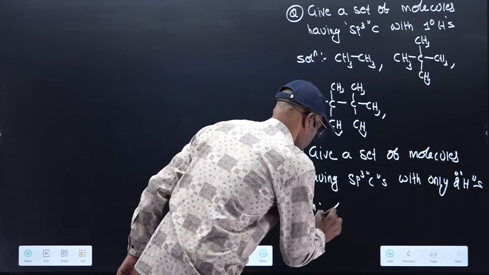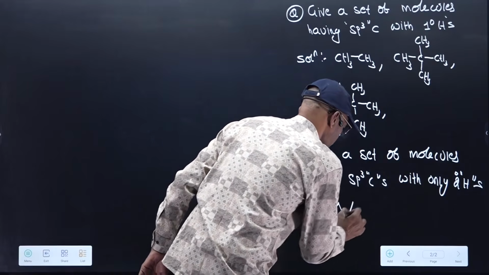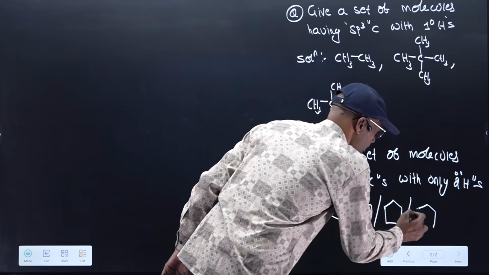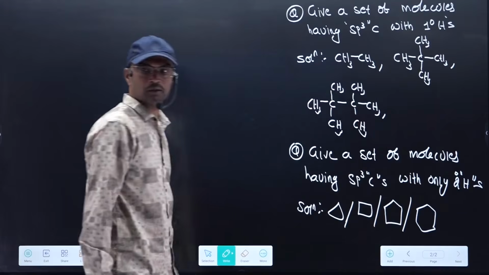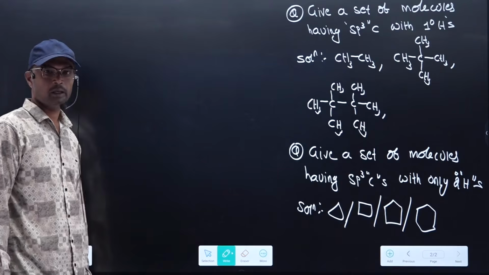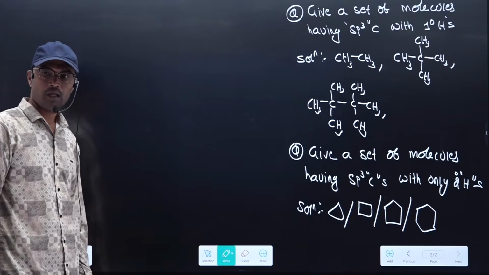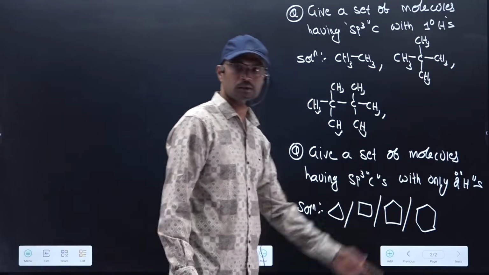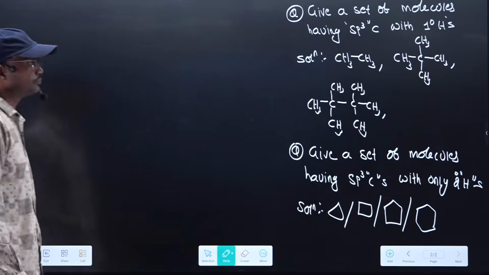Can I take cyclopropane, cyclobutane, cyclopentane, cyclohexane, etc.? All having secondary hydrogens only. Any primary? All having sp3 or not? Each and every carbon is sp3, all having secondary hydrogens.